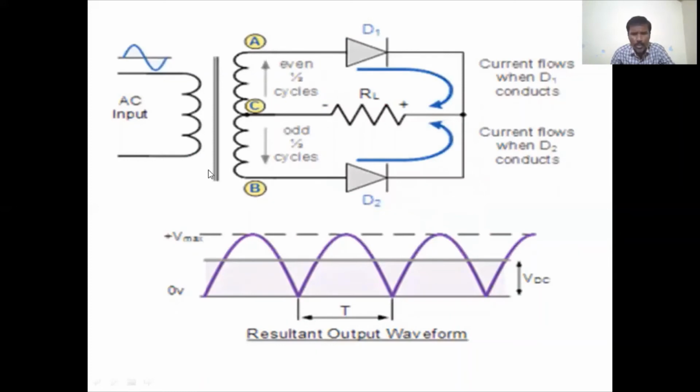So how does it work? Let us see. The AC input signal is given between the two points of the primary coil of the center tap transformer.